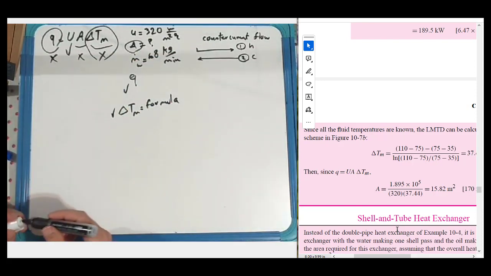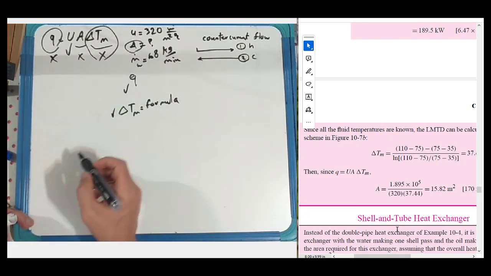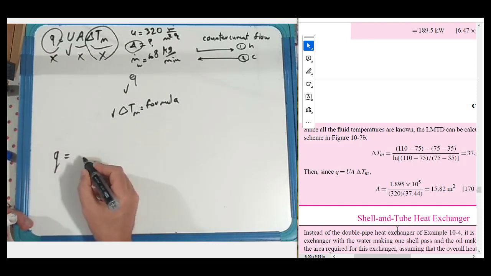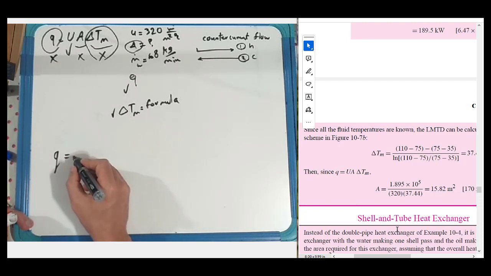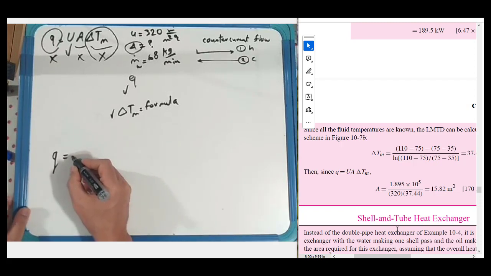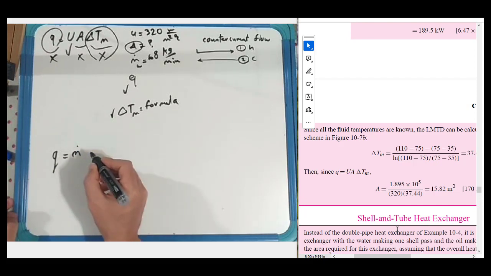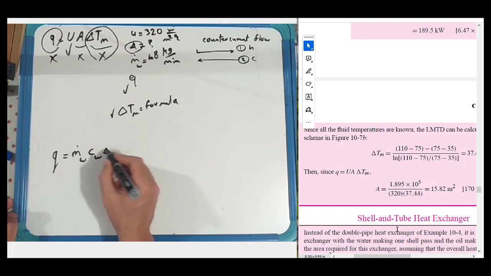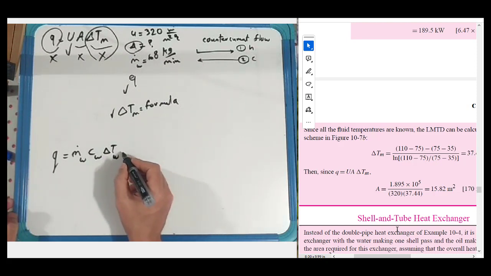So let's get started. First, as I said, we calculate Q, which has the formula m dot for water, C for water, and delta T for water.